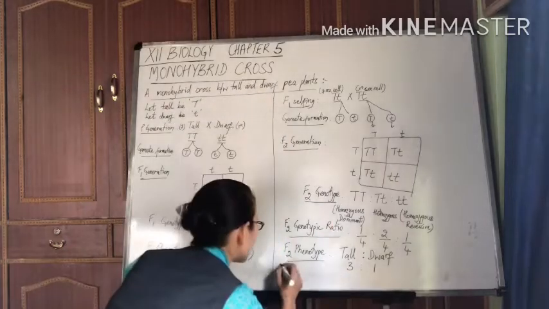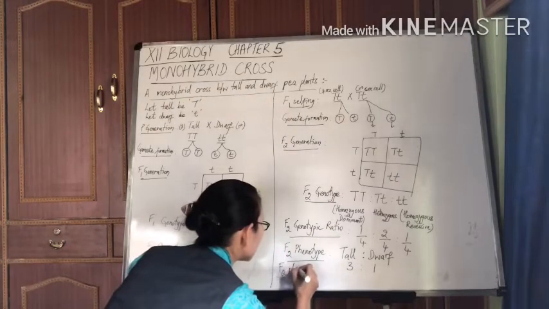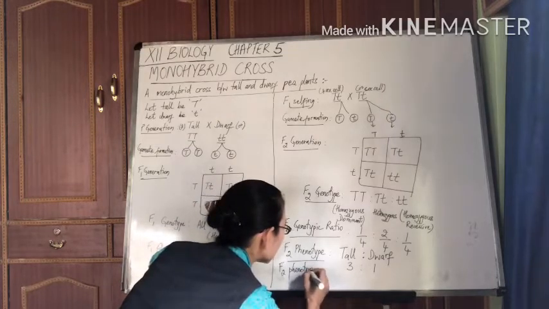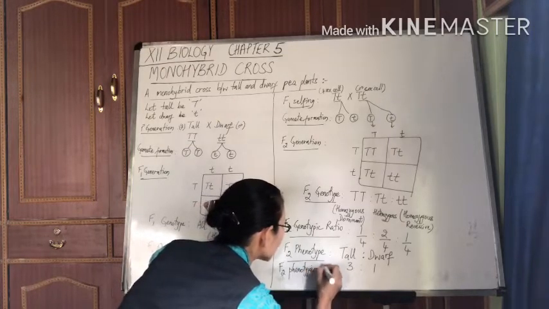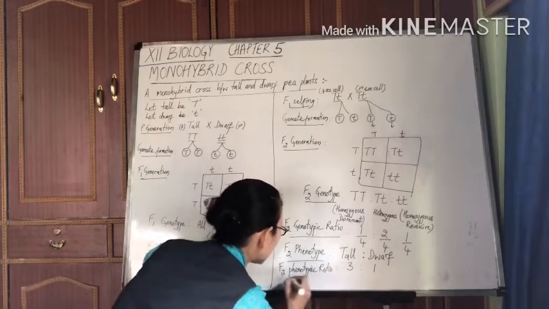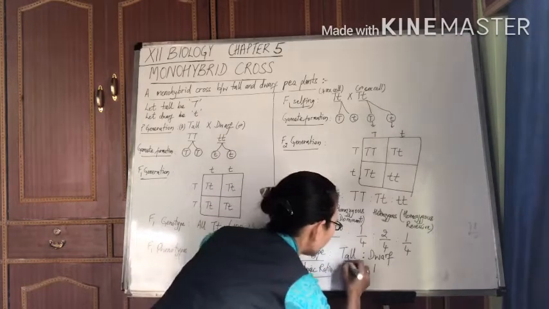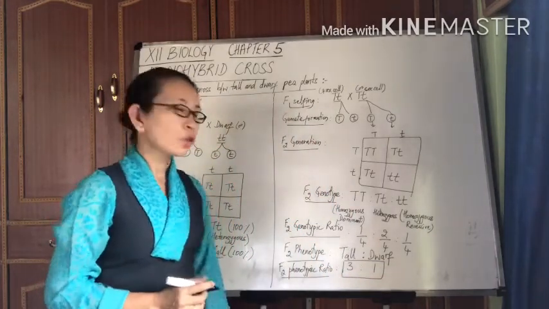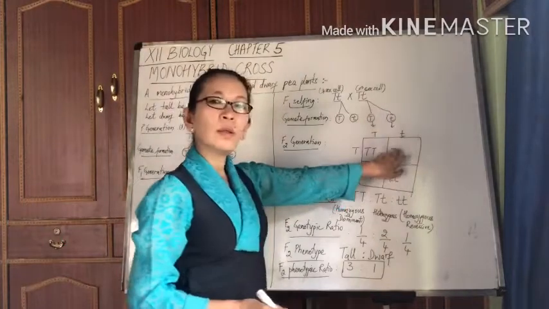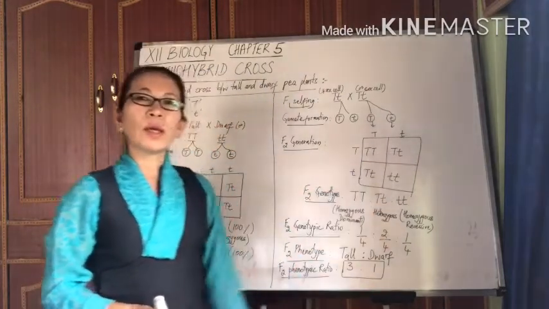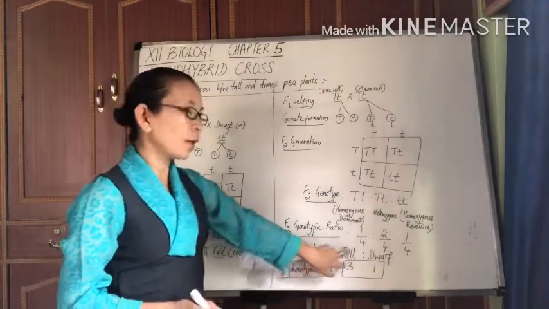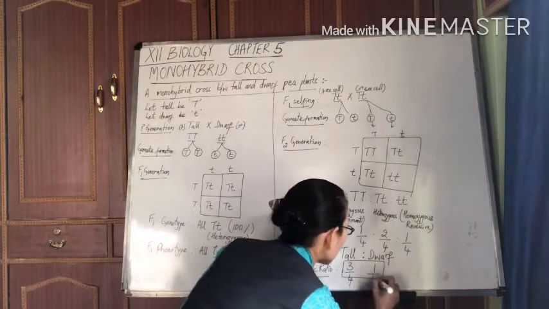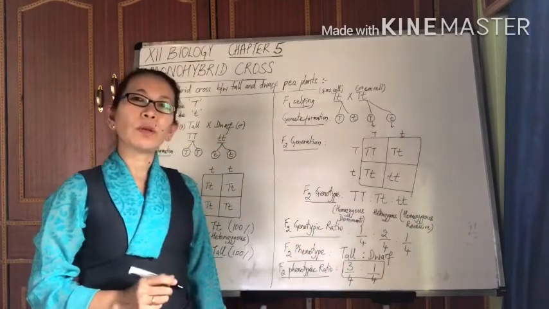So this would be basically giving us the ratio of phenotype in F2. So let's say this is the phenotypic ratio. So the phenotypic ratio in F2 is 3:1. Okay, so 3/4 of the F2 plants can be having a tall phenotype, and 1/4 of the F2 can be having a dwarf phenotype.